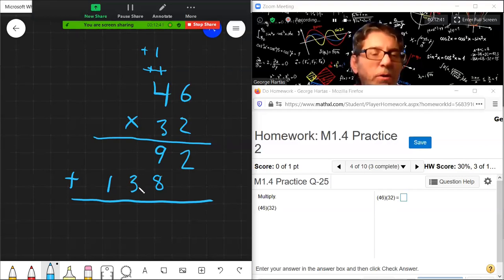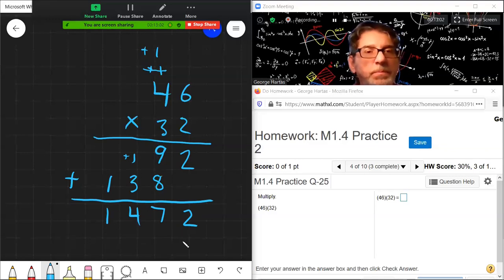This is the hundreds column, and this is the thousands column. So let's add these up. We get 2, 17, carry the 1, all right, from addition. 1 plus 3 is 4. And then 1 plus nothing, still 1. All right, so let's put that in there.